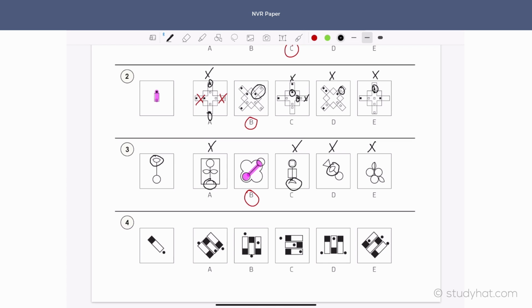Number 4. Again, let's concentrate on colours and shapes and positions. So we've got black, white, and then black, and it's outside. So let's look at the ones that could be. Here, no, this column is wrong. This one's wrong. This one's wrong. Here, this could be correct, couldn't it, if it had been rotated?